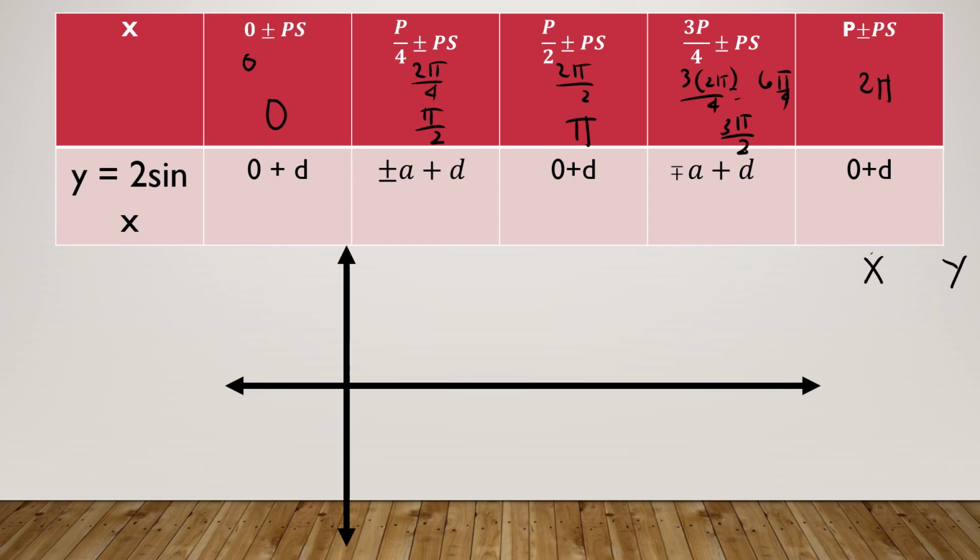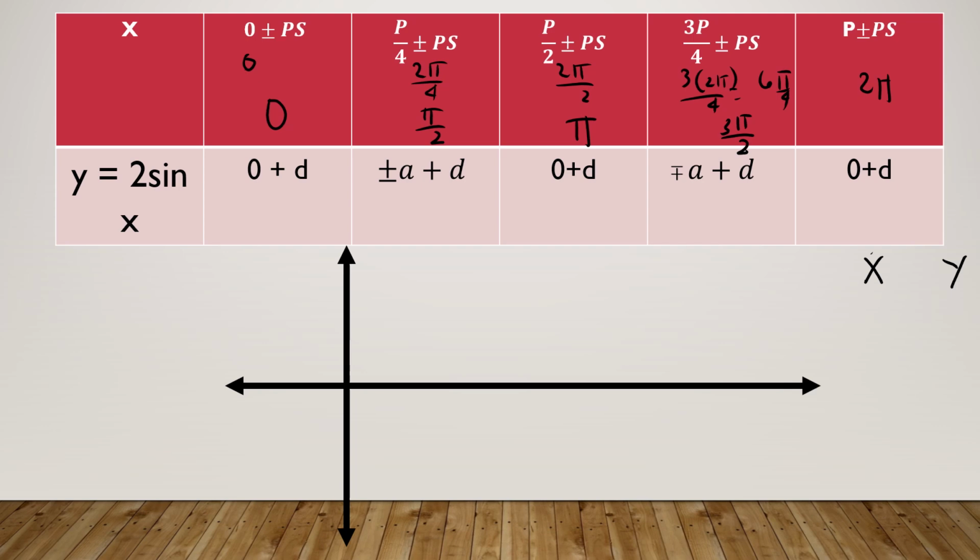As you can see, we don't need to apply the formula. We're going to take a look at the pattern. So here is 0, then pi over 2, 2 pi over 2, 3 pi over 2, 4 pi over 2. As you can see, we just simply add pi over 2 to get the next term.